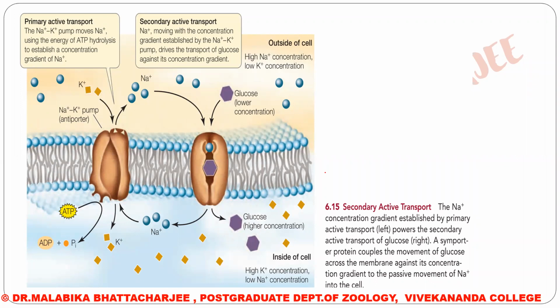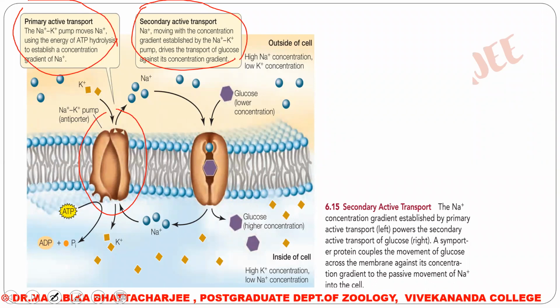This is another example which I wanted to show you that occurs in the cell, which is highlighting the 2 categories of active transport. When we are talking about active transport, we have to remember that the molecules are moving against their concentration gradient. So let us see what are the molecules involved. We have active transport, the one we just now discussed. Movement of sodium and potassium.